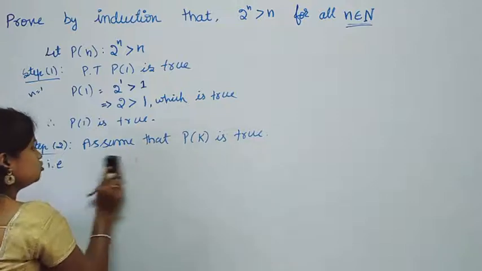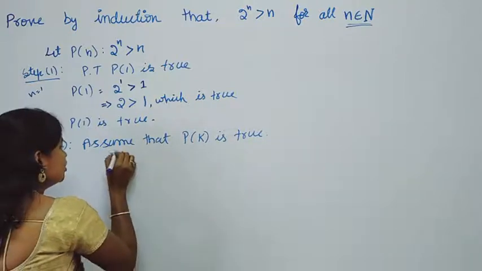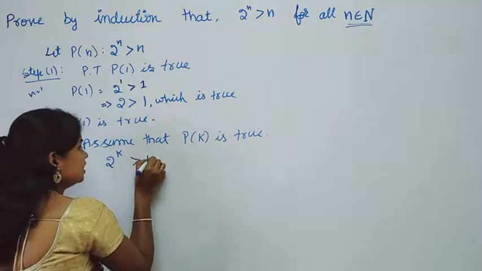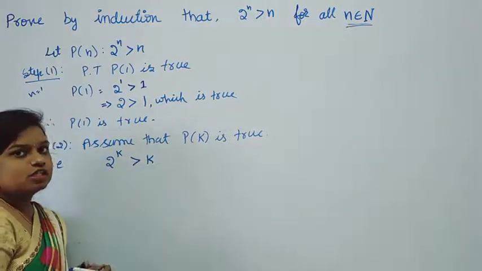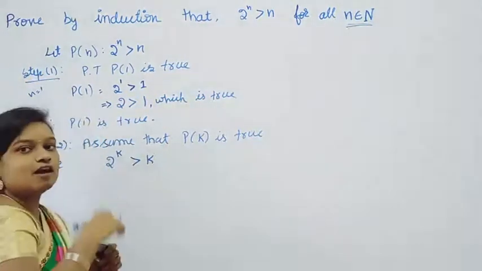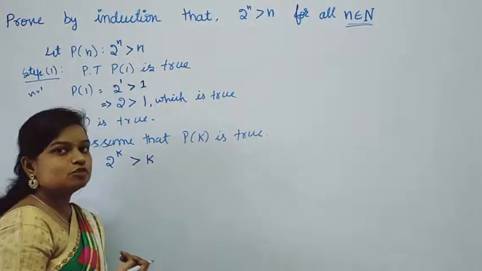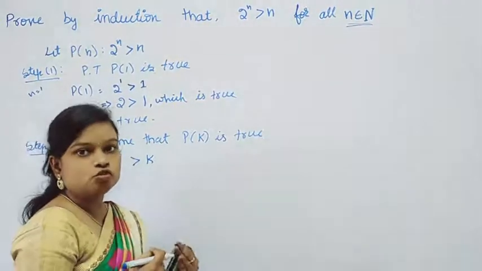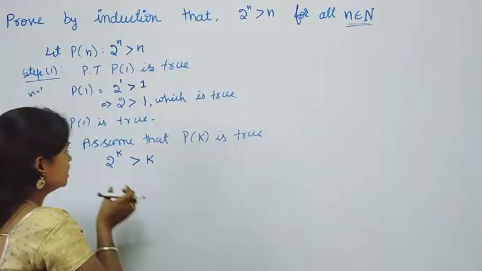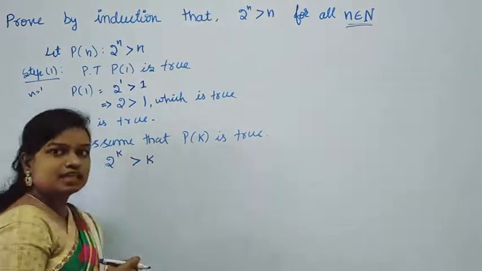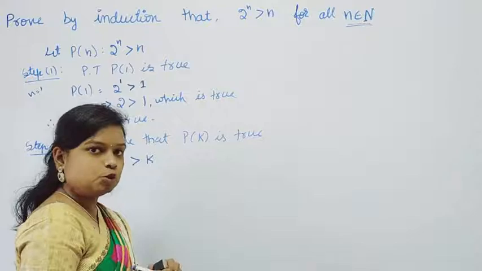P of k is true means 2 to the power of k is greater than k. This is P of k. So the first step is we have to show that P of 1 is true. The second step is we have to assume that the given statement is true for some k, that is 2 power k is greater than k. So this is step 2.